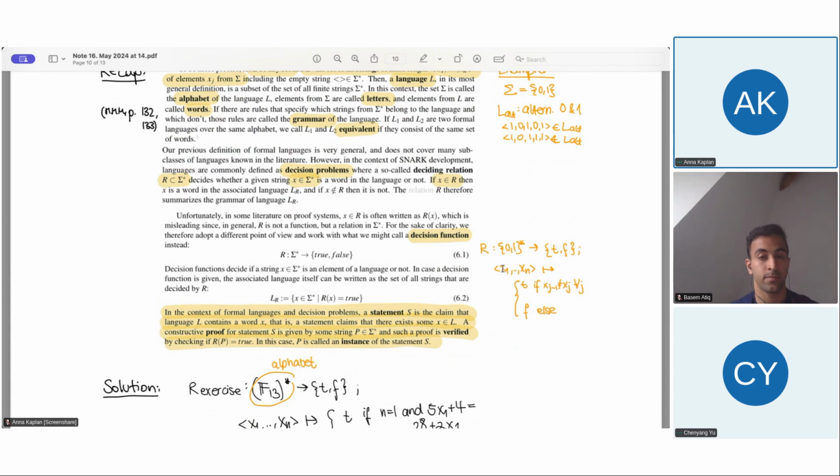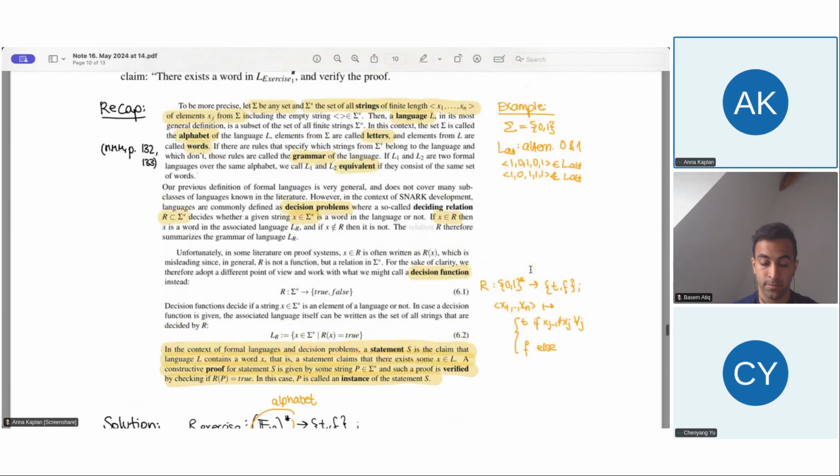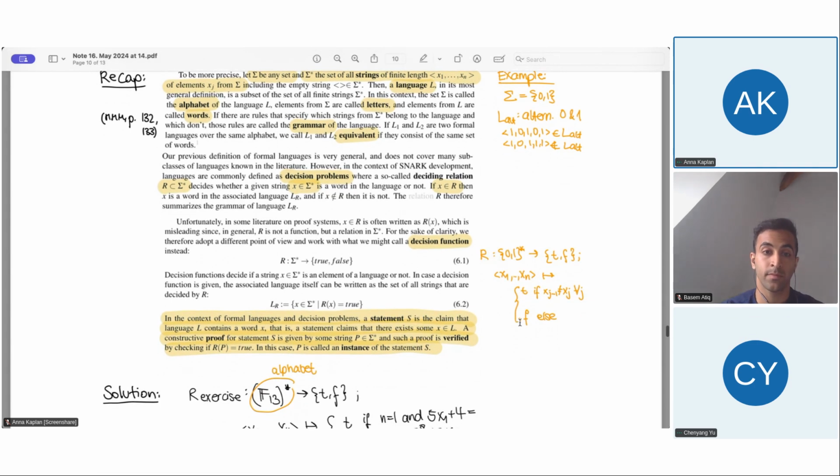This is the relation, and what we take in is a finite string x1 to xn of 0, 1, and the deciding relation will say true if x_y minus 0 is not the same as x_y for all the y's from 1 to n. Sorry, I wrote it a little bit short, but yeah. And it will say false for everything else. So this would be the formalization of this grammar.